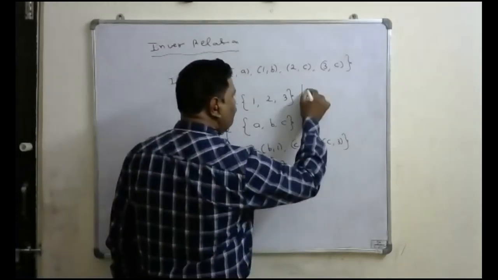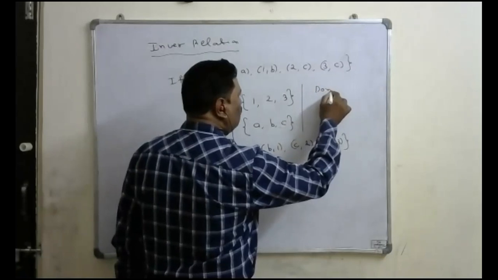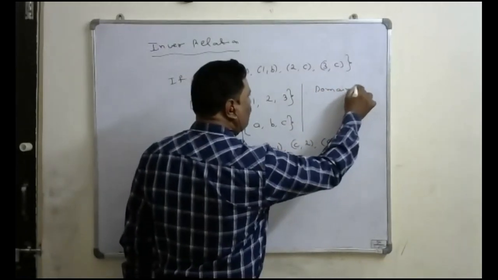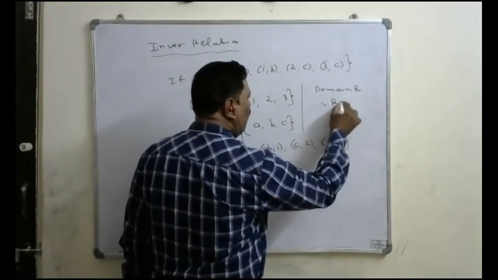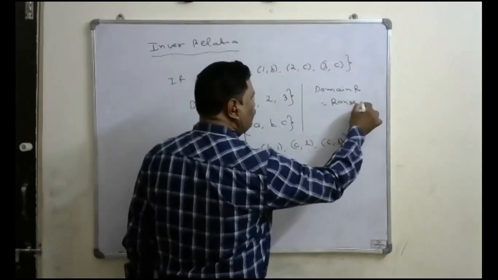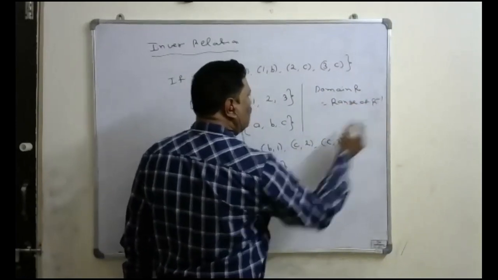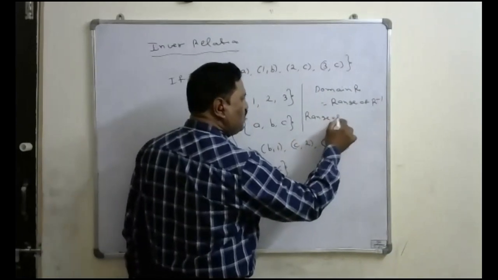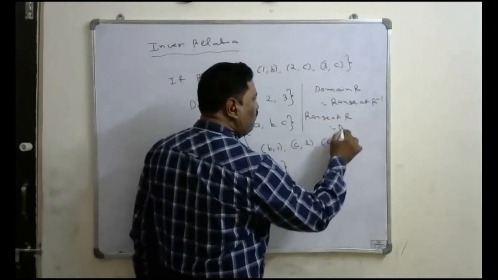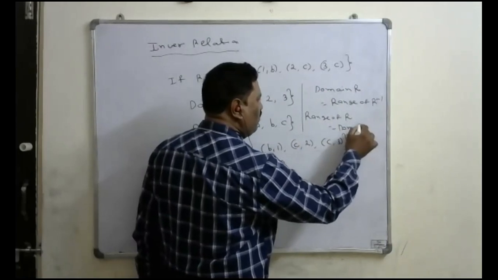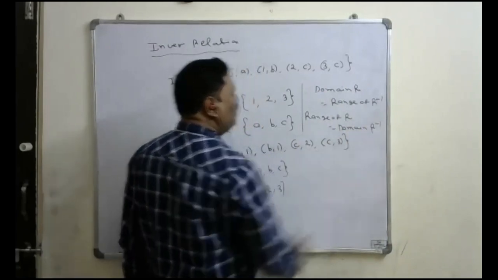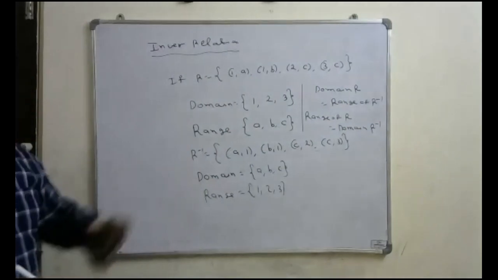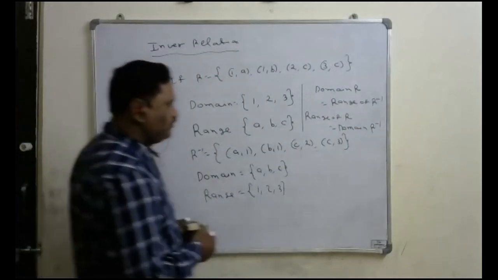So therefore, domain of R is equal to range of R inverse. Similarly, range of R is equal to domain of R inverse. This is the point you have to remember. Okay, just write this example and give that a point also, take that.